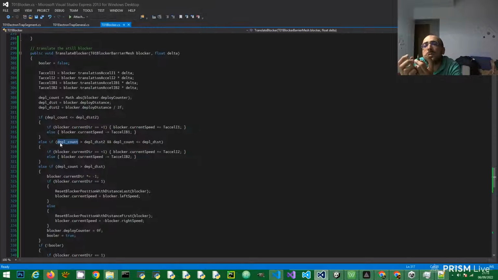Else if we're in the second part of the movement, and we're moving from left to right, we use the second acceleration, of course, because now we must decelerate the blocker. If we are moving from right to left, but we are here, of course, then we must subtract the acceleration. And yes, it's B2 or B1. There must be something with B1.